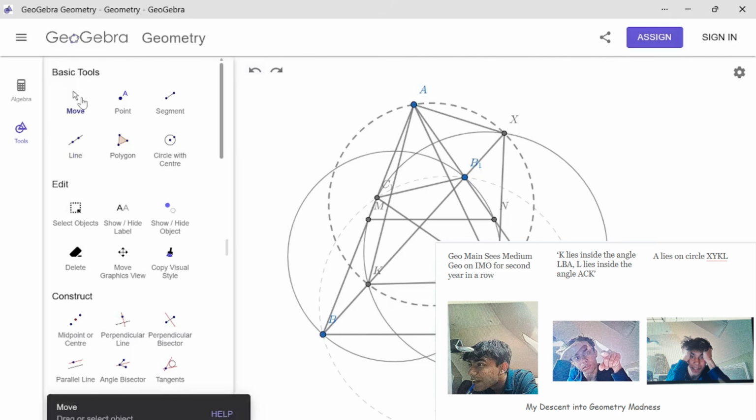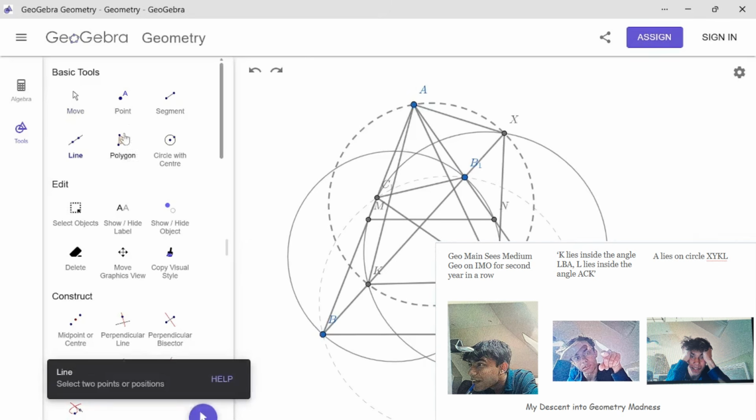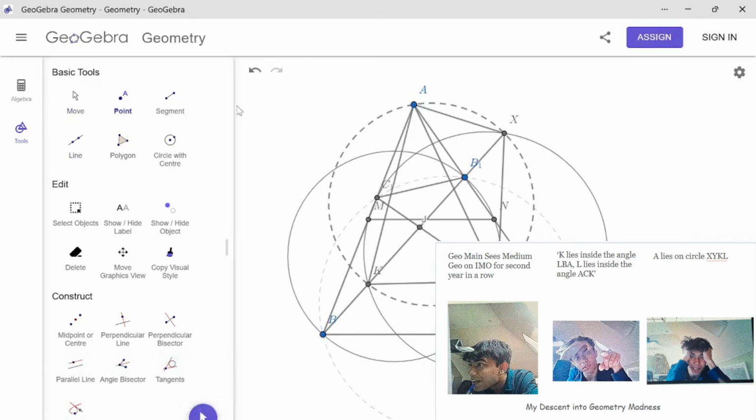Okay, so we don't know how to work with A. We want to show the external circle with A. So we need to find some other nice point on the circle. Maybe where the radical axis of this thing meets the circle here.